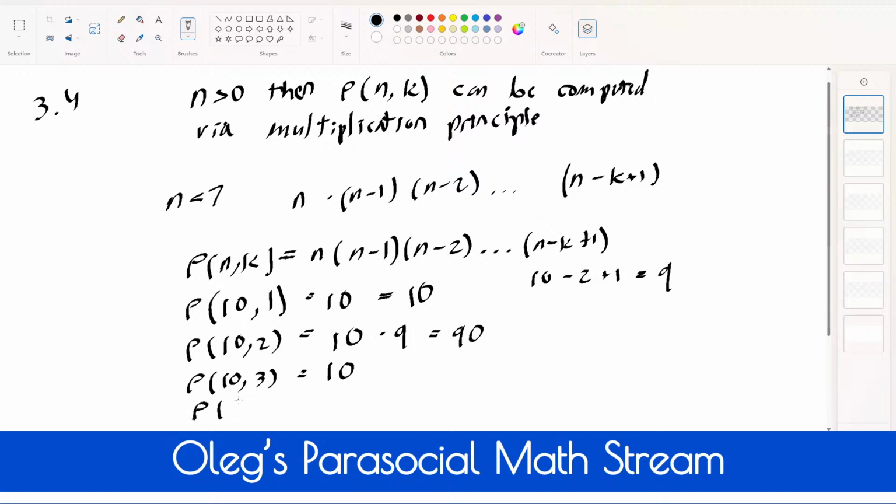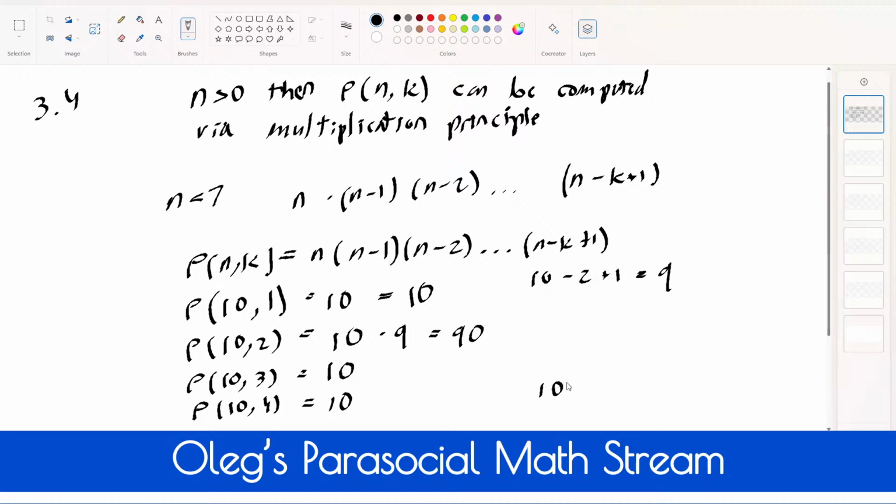Let's do P of 10, 4. We know the first part starts at 10, but we want to know how many down the line we're going to multiply.